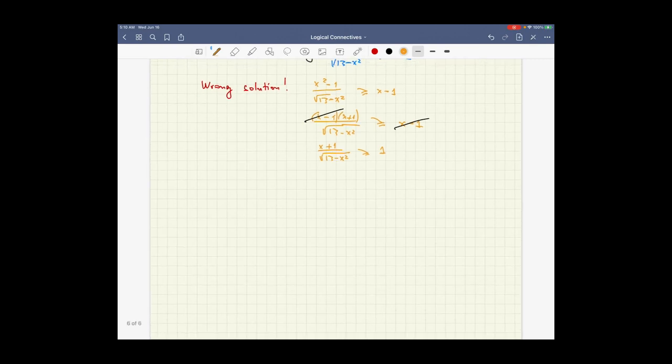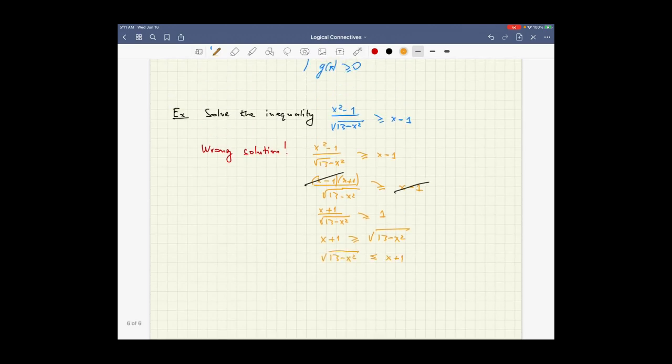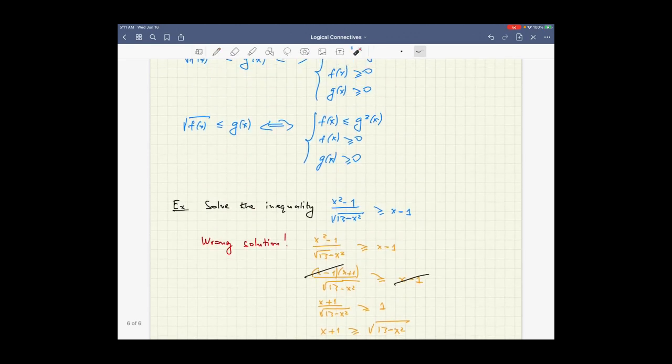Then I would multiply by the square root on both sides: x plus 1 greater or equal than root 13 minus x squared, which I can of course write as root 13 minus x squared less or equal than x plus 1, which is an inequality of this type. And then I can follow this scheme.